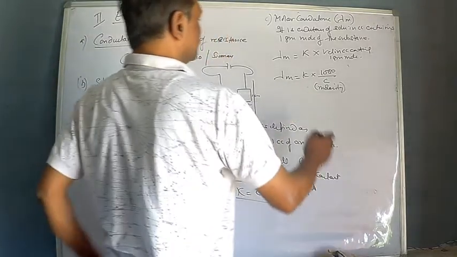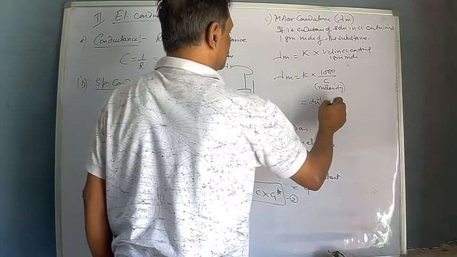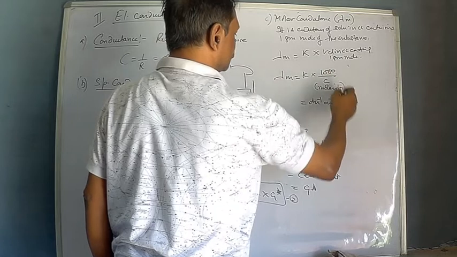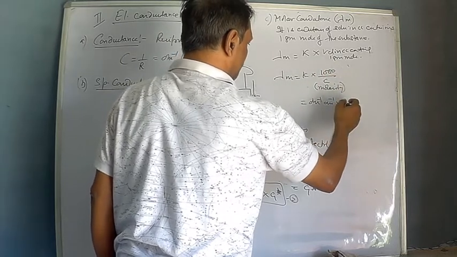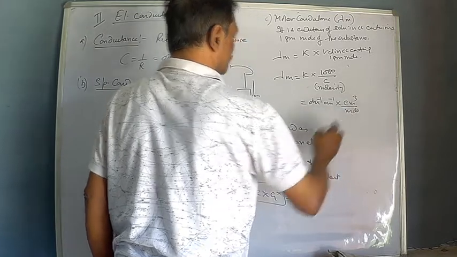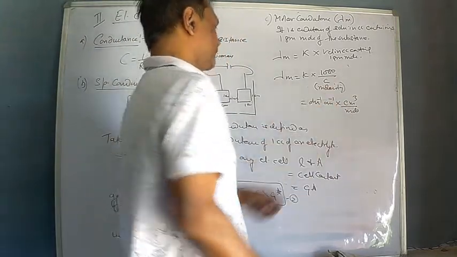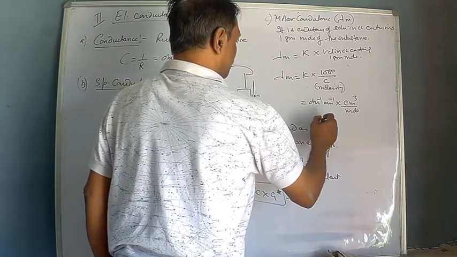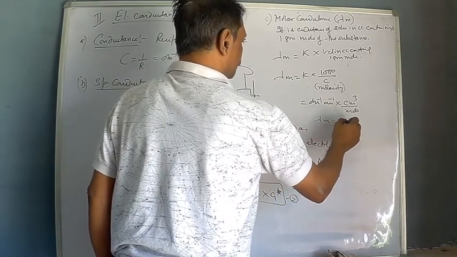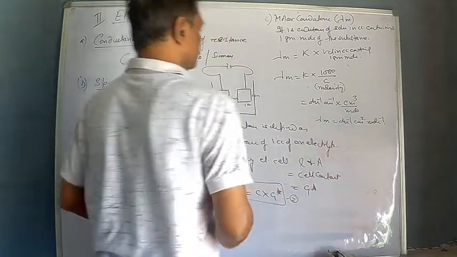The same way, we can here also find ohm inverse cm inverse multiplied by 1000. Remember it is in cc, so centimeter cube upon mole. So if we multiply centimeter cube with centimeter inverse, we get cm square. So unit of lambda m equals ohm inverse cm square mole inverse.